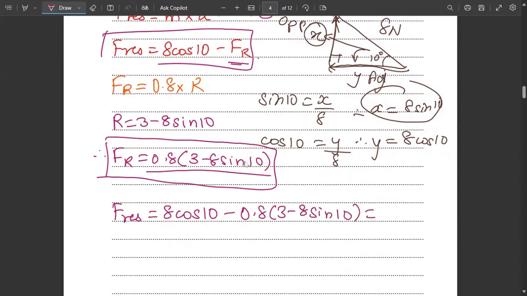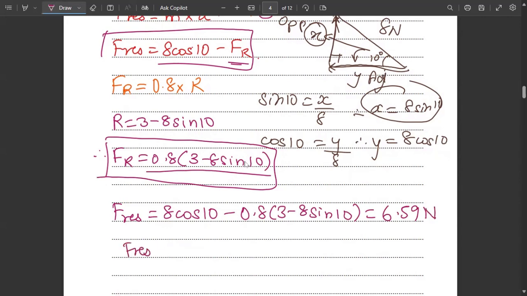Putting this entire thing in the calculator, 8 cos 10 minus 0.8 bracket 3 minus 8 sine 10, the answer is 6.59 Newton. So this is F resultant.